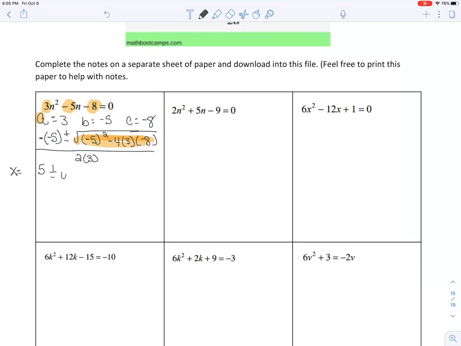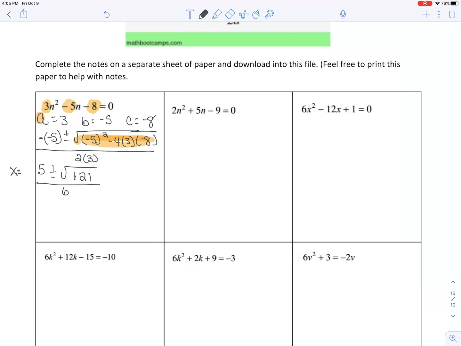And remember, x is equal to this plus or minus, and we call this the discriminant. So I'm going to put just the discriminant in my calculator. So I get 25 minus 4 times 3 times negative 8. I'm putting just that in my calculator, and I get the square root of 121 over 2 times 3 is 6.